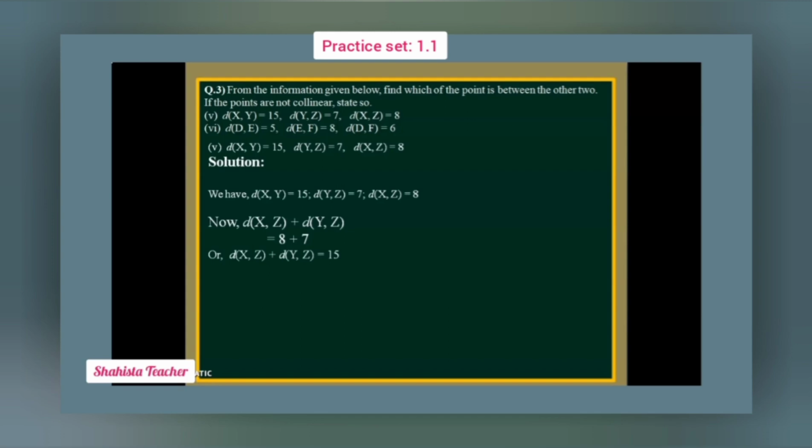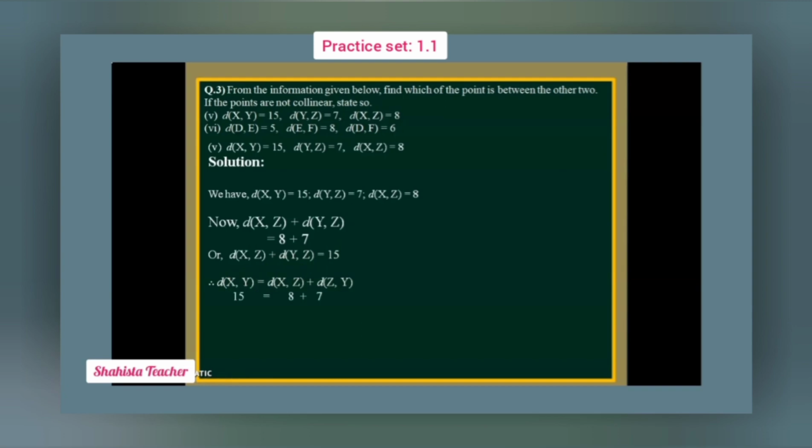So distance of xz plus distance of yz is equal to distance of xy. So after adding these two numbers, 8 plus 7, we get the third number, which is equal to xy. So now this is collinear.